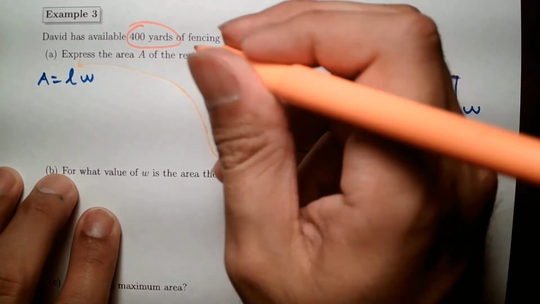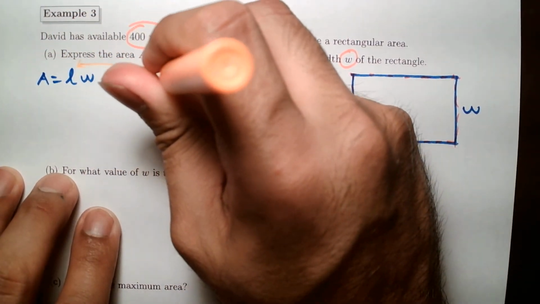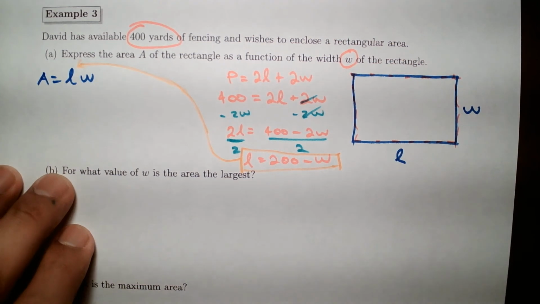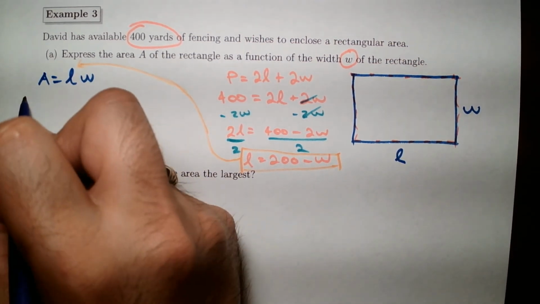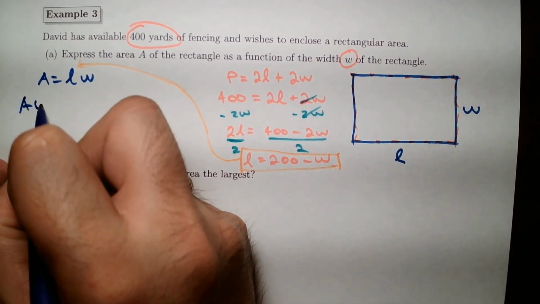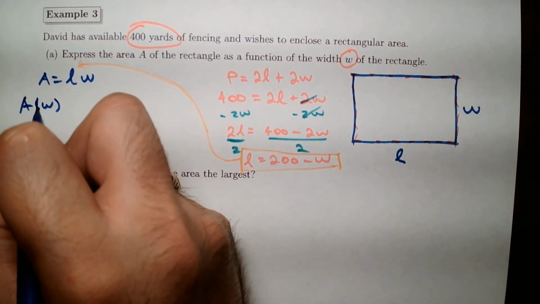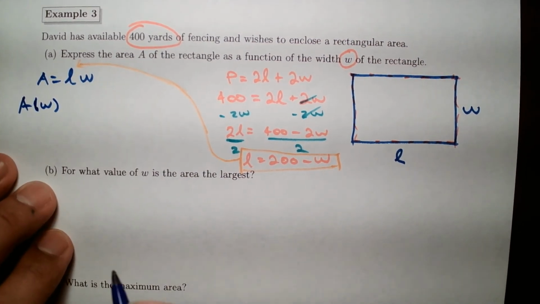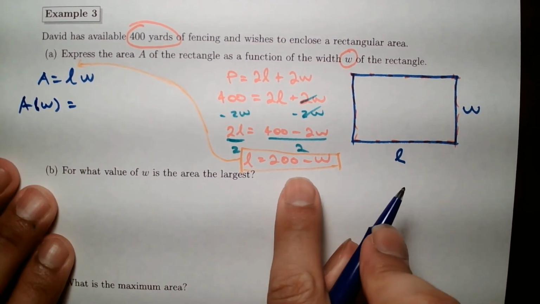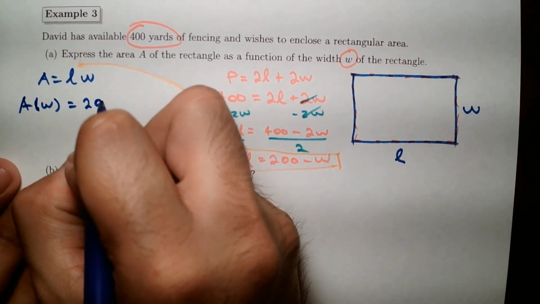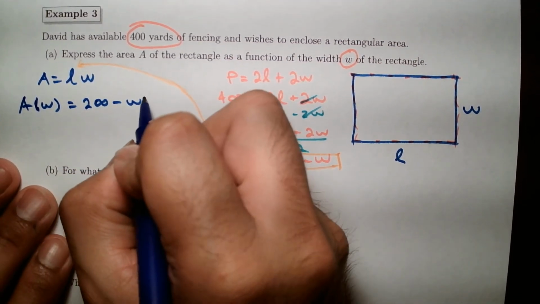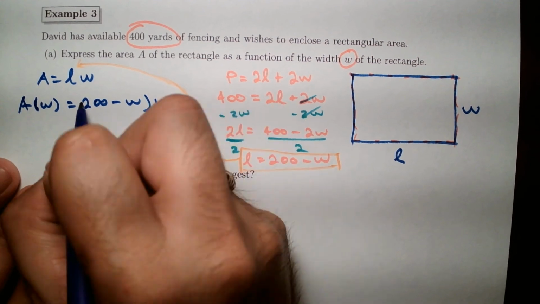All right. This marker is dying on me. Okay. And so area that now depends only on the width W is this quantity 200 minus W times W.